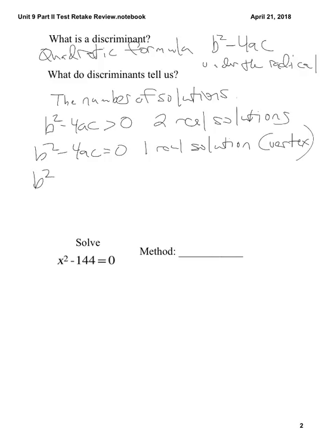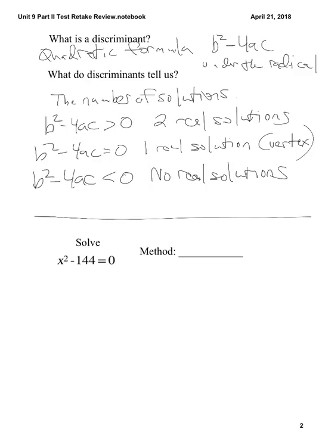And if b squared minus 4ac is less than 0, you have no real solutions. And in fact, what you really have is a couple of imaginary solutions, but we're not going to talk about that in this class. So let's go ahead and take a look at our first example here.